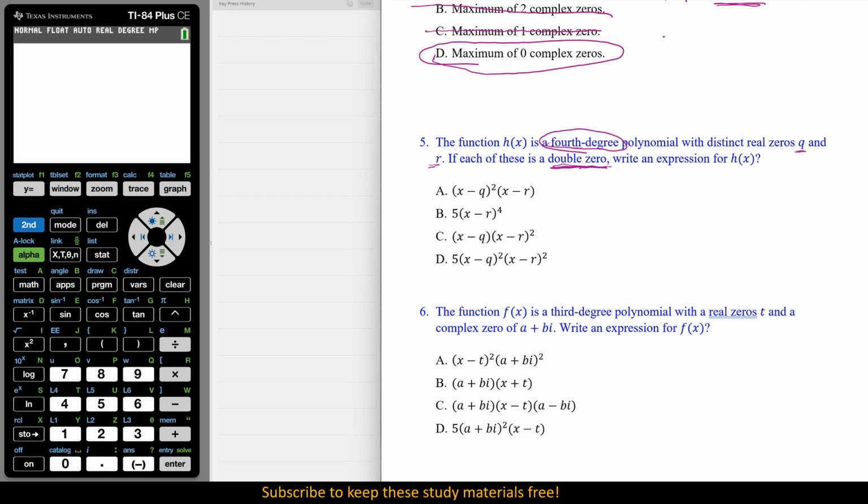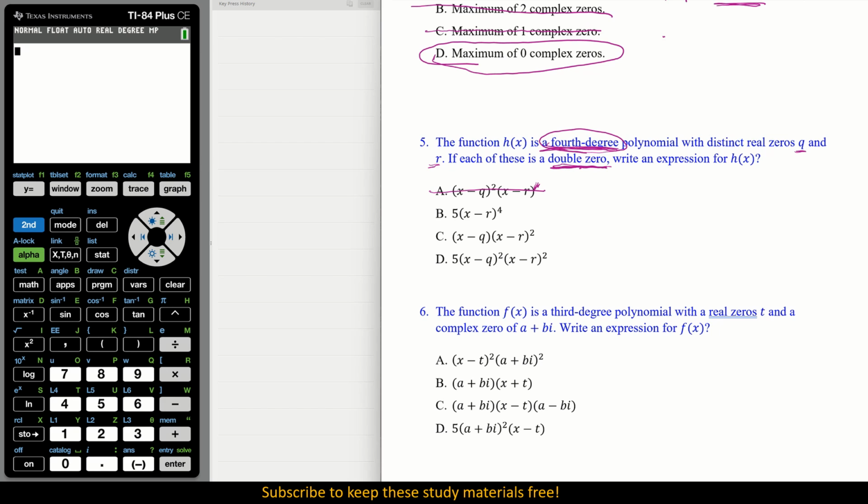Okay? Okay, let's look at A. Well, this is to the first power. Well, 2 plus 1 is 3. It says fourth degree. That means you add your exponents up and it has to equal 4. That's not going to work.